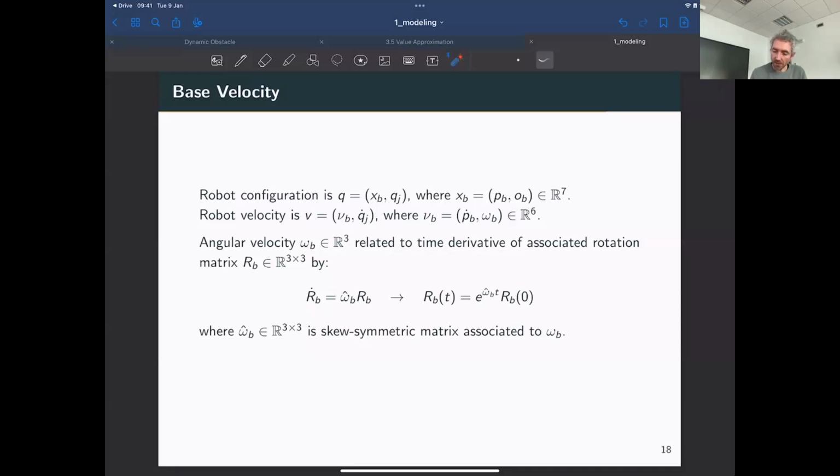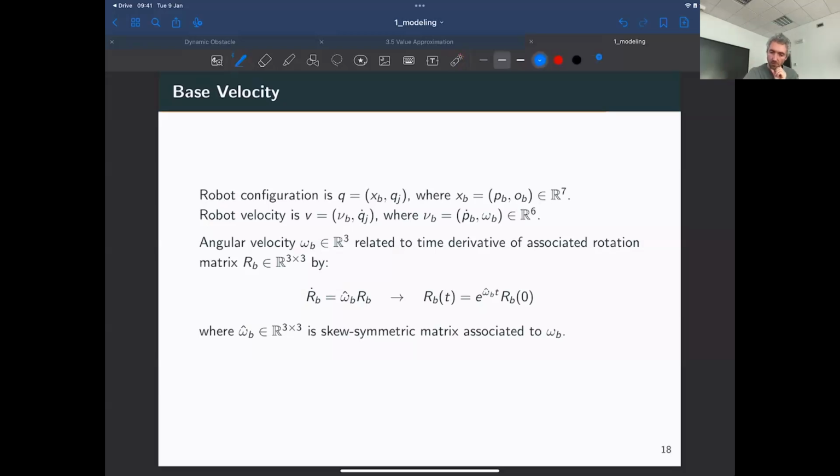And we can see that this is the relationship between omega, so the angular velocity, and the rate of change of R. So this omega hat represents the skew-symmetric matrix associated to omega. The skew-symmetric matrix is a matrix such that the transpose is equal to minus the original matrix.